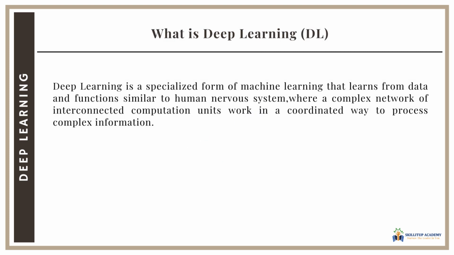If we look at the definition, deep learning is a specialized form of machine learning that learns from the data and functions similar to the human nervous system, where a complex network of interconnected computational units work in a well-coordinated way to process complex information.